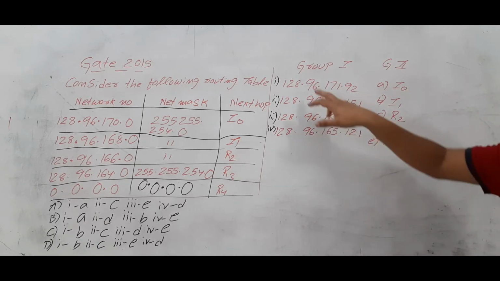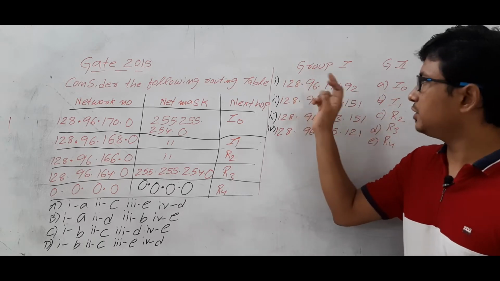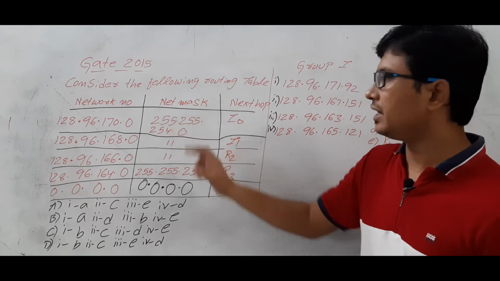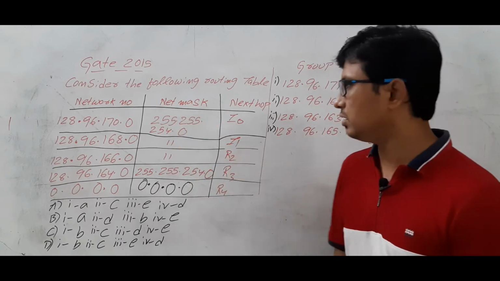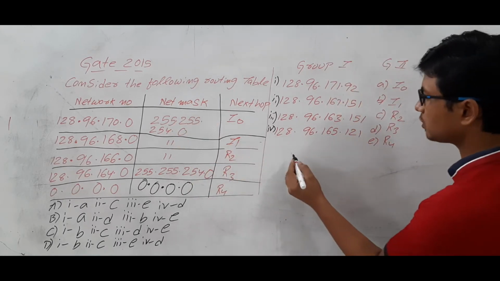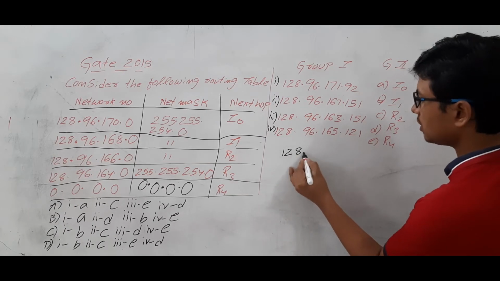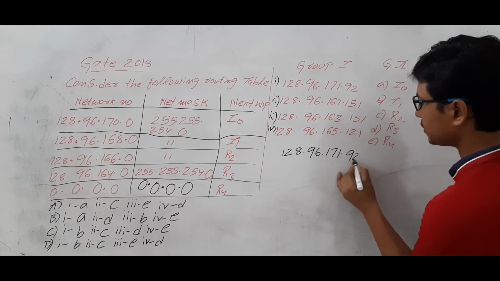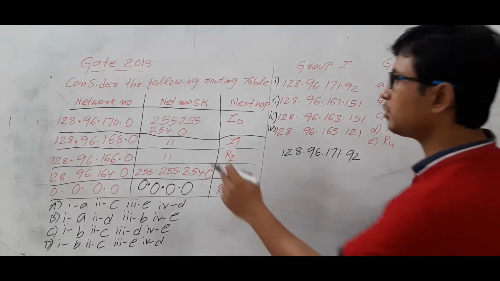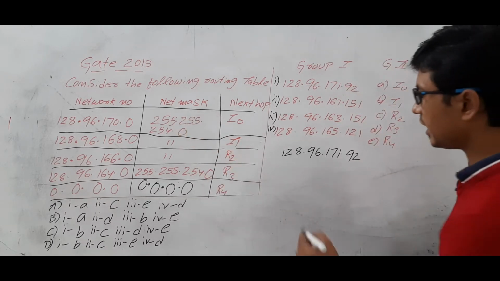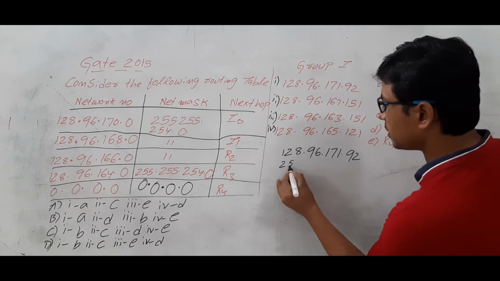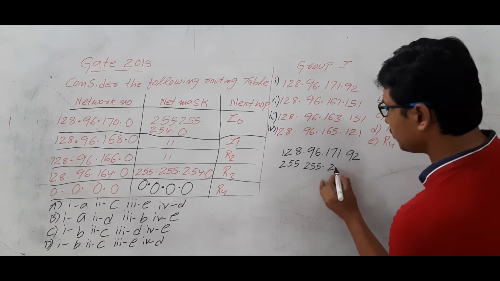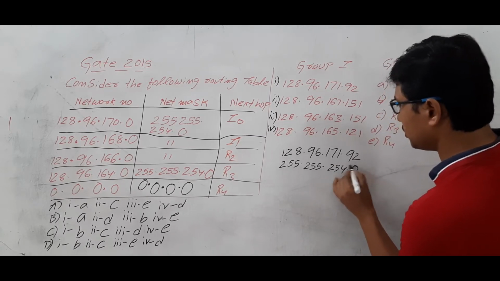What should I do? The simple step is that I need to take the IP address and perform the AND with the network mask. So let's take 128.96.171.92, and then I have to perform the bitwise AND with the network mask 255.255.254.0.